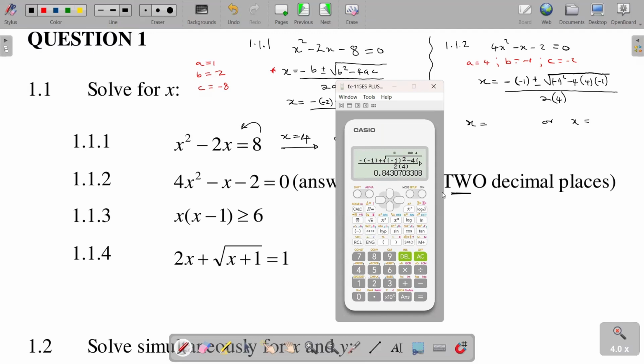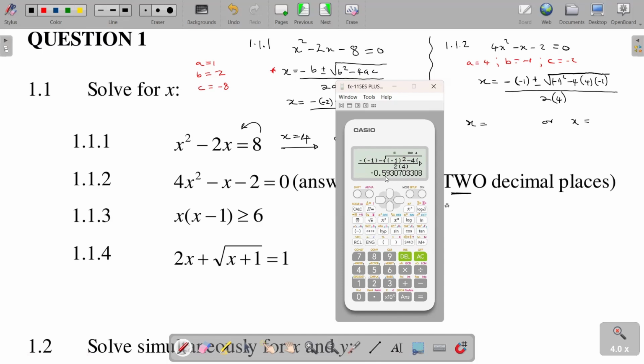Then we move, put negative there. Then we want our answer to 2 decimal places. There it is, we concentrate on the third place. 1, 2, 3.